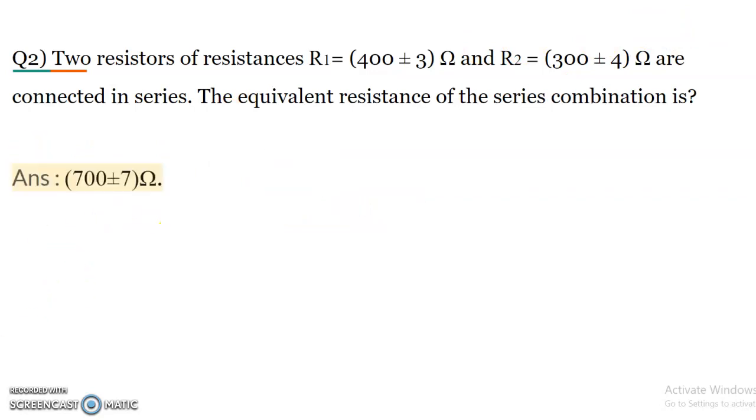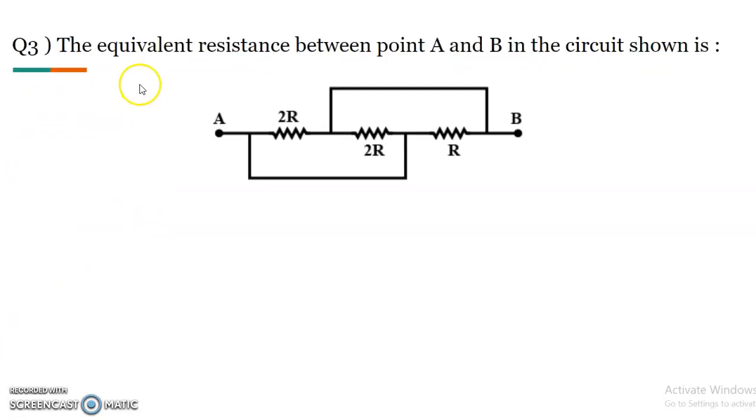Now moving on, the third question is, the equivalent resistance between the points A and B in the circuit shown is. On keen observation, we find that the potential across each of these resistors is the same.